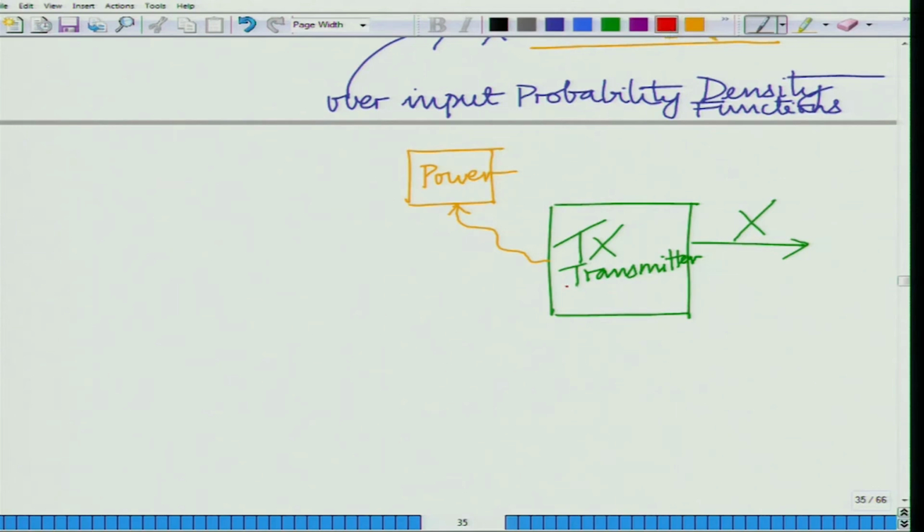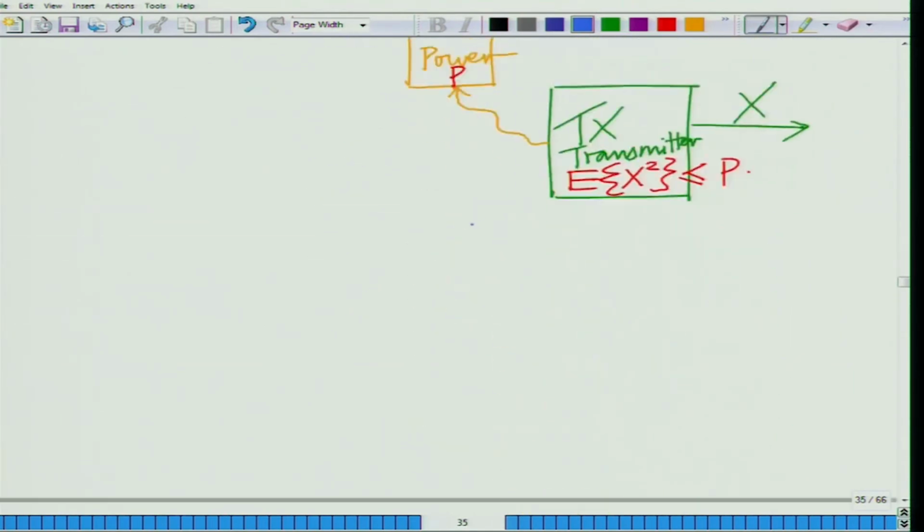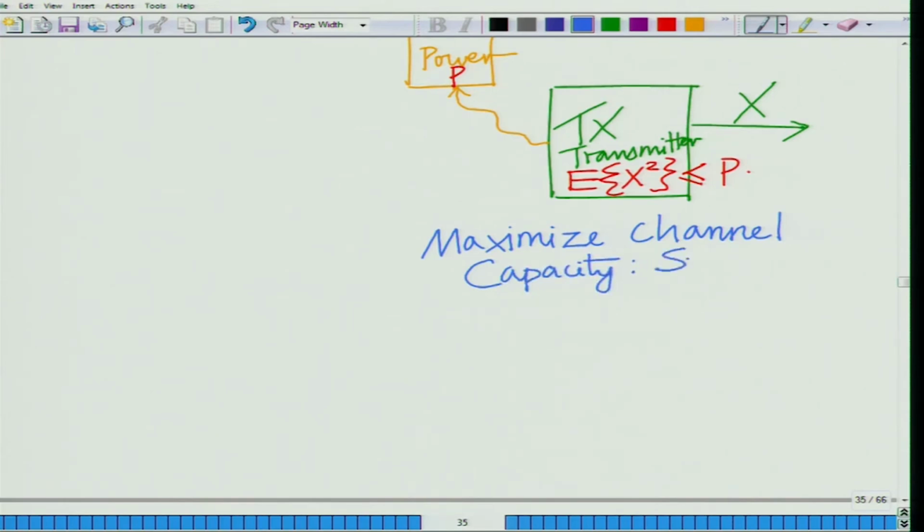Let us say the power is P. So my transmit power, which is nothing but the expected value of x square, has to be limited by P. So I would like to maximize the capacity of the channel, but subject to the power constraint.